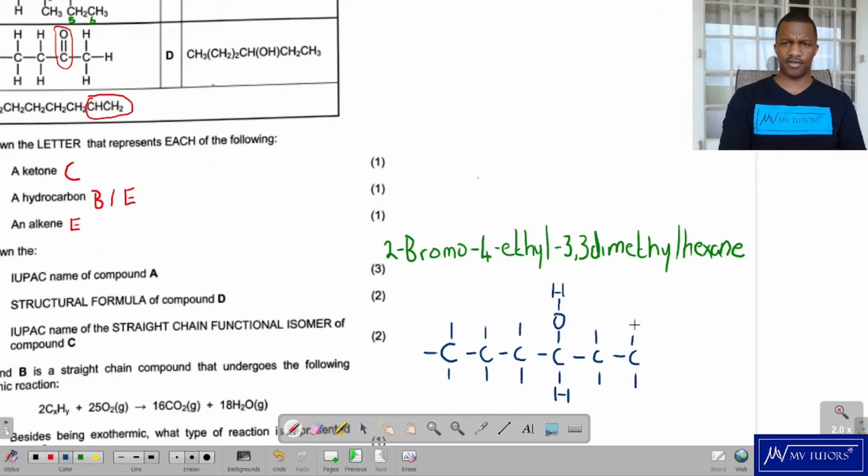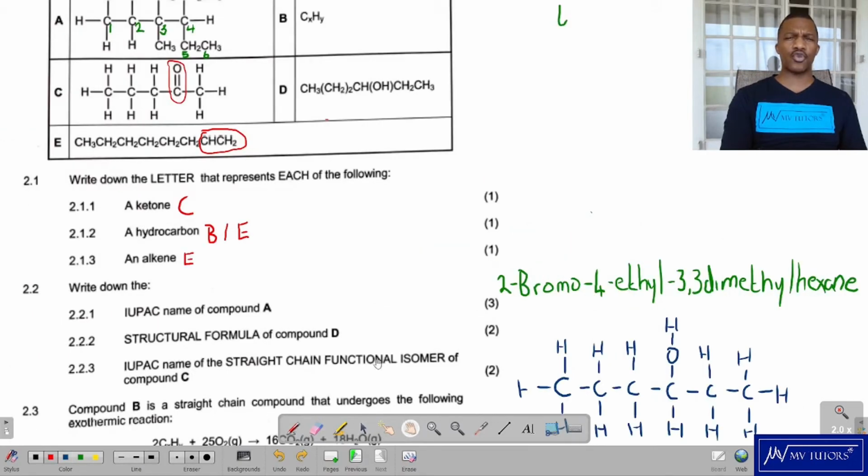We've got 3 of these. Okay, now we can go on and put in the H's, because every branch here has an H, just like that. Got an H there, got an H, an H, an H, an H, and another H. There we go.